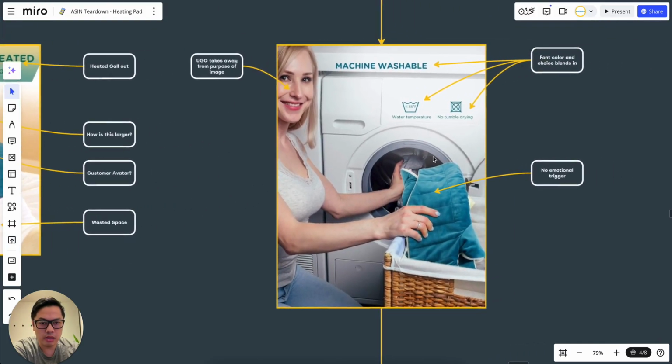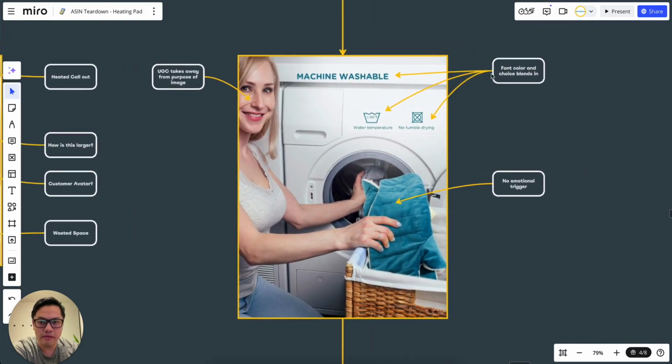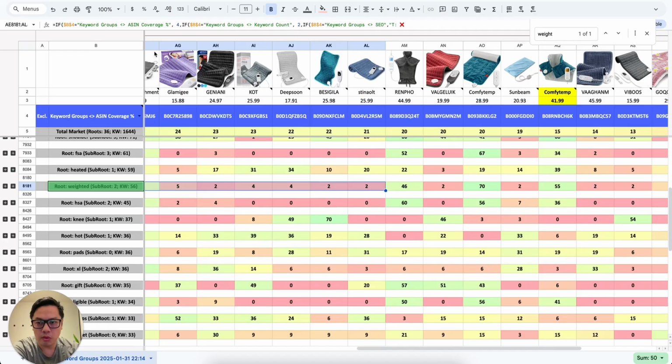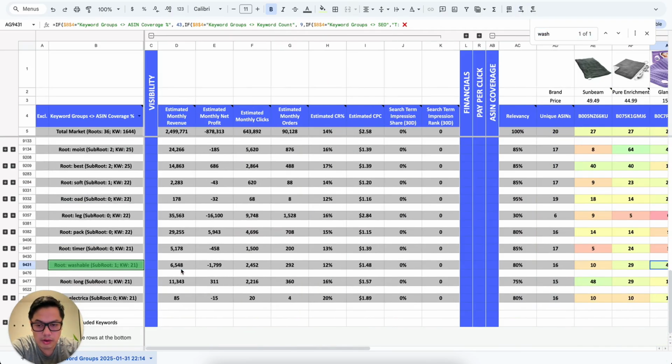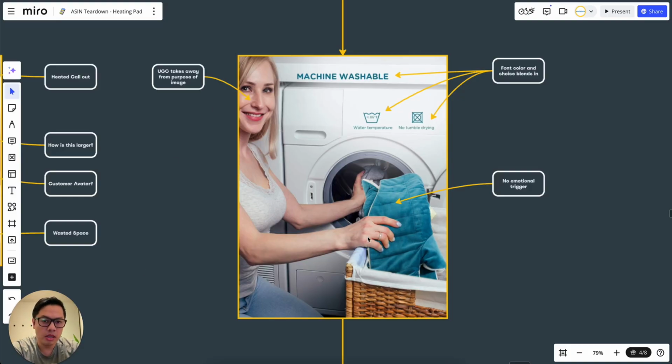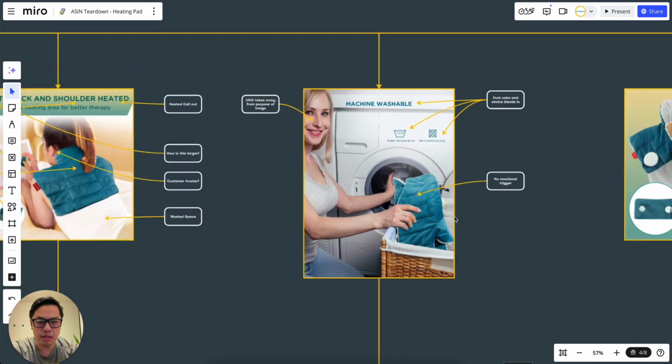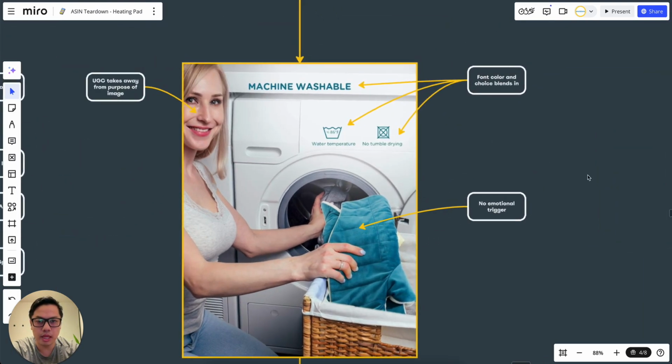Yeah, nothing else. Okay, so machine wash. Everybody talks about this. However, let's see if, so everyone basically has this in mind. So I would almost toy with this because the revenue side here is very small when it comes to washable. Everyone has it, so maybe people are asking those questions. It was in our FAQ too, but I would almost wonder, is it even worth having this as an image?